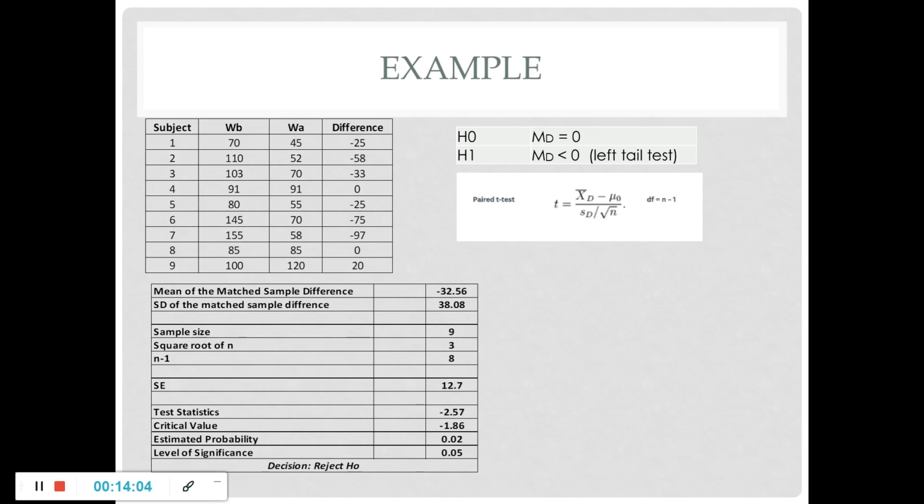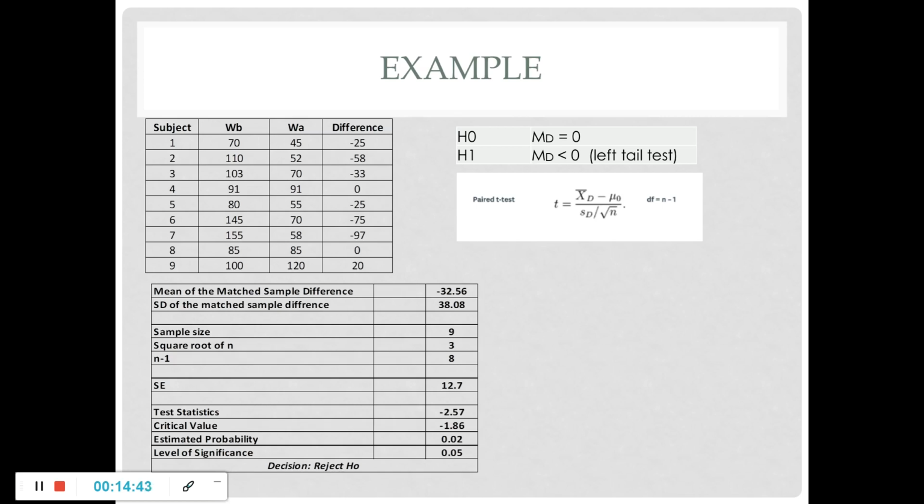And the next step is of course identifying the critical value. You know what is required to find the critical value: the level of significance and degrees of freedom when it comes to the t distribution. So go to the t distribution table and look for the degrees of freedom, which is given in the left extreme column, and in the first row you have the level of significance.